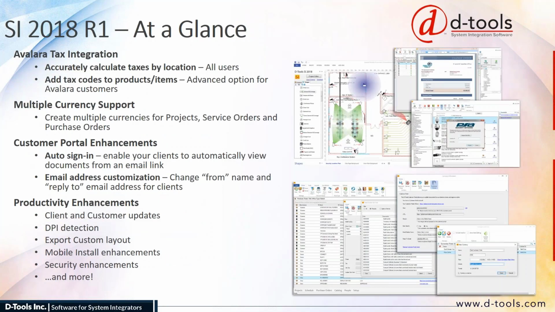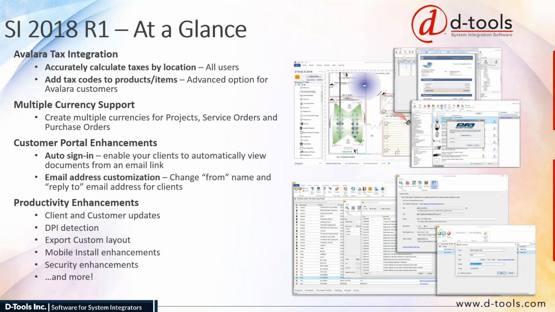And we just released a new version at InfoComm this year, which is SI 2018. And this Rev 1 has added some additional features to help productivity, really around a couple of areas.